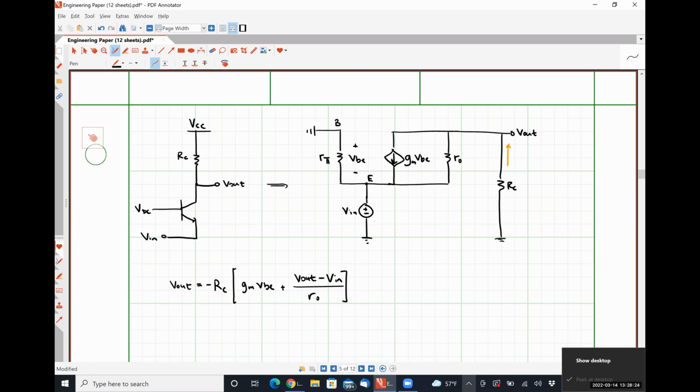Let's see here. What else can we see? Well, the negative polarity terminal of VBE is associated with the positive polarity terminal of Vn. The positive polarity terminal of VBE is associated with ground, which is associated with the negative polarity terminal of Vn. So I can see pretty easily that VBE is negative Vn, right?